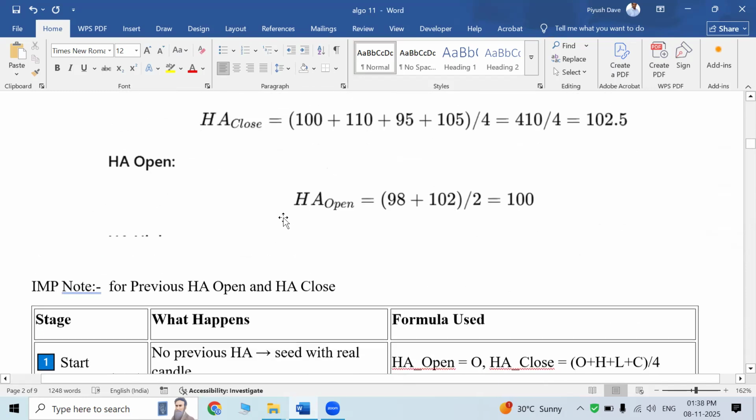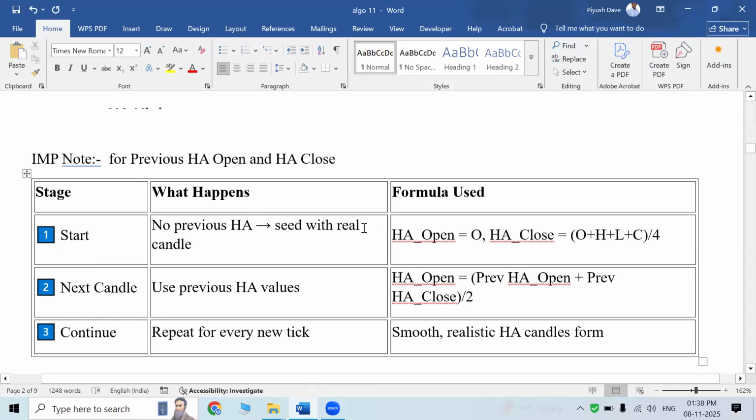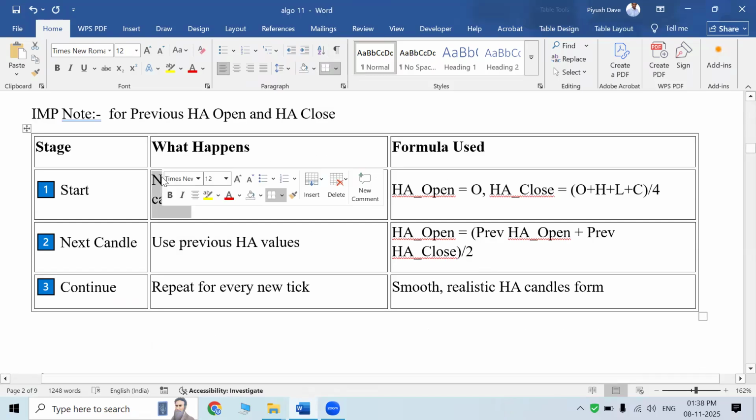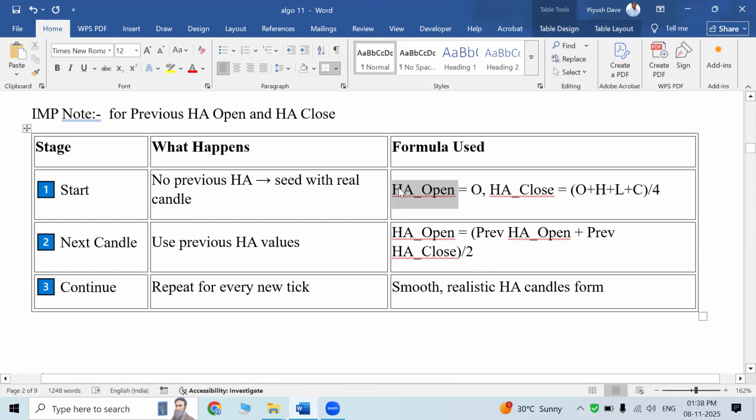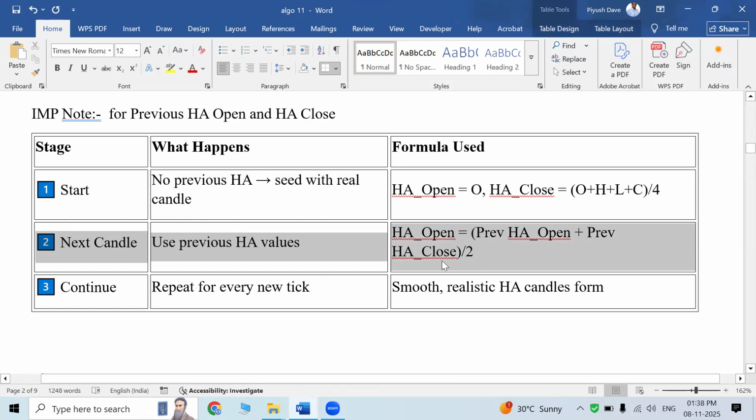Now sometimes we don't have the previous value. At that time we are going to seed it from the real value only. So HA open will be taken as the actual open and HA close will be taken from the actual close formula. In the next candle, we get this from the previous candle.